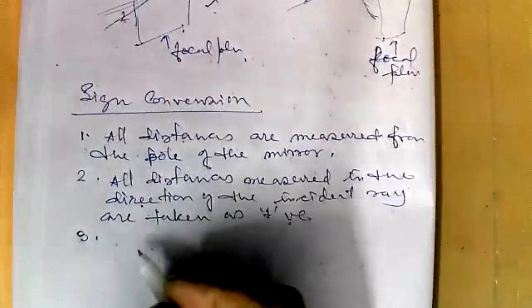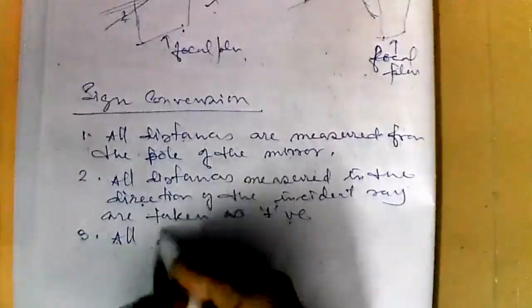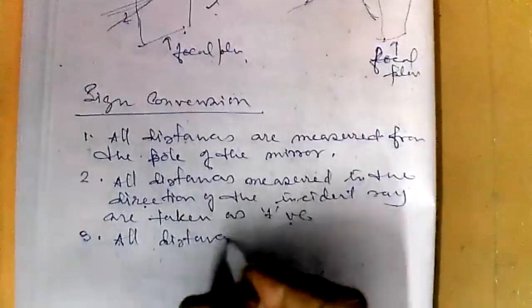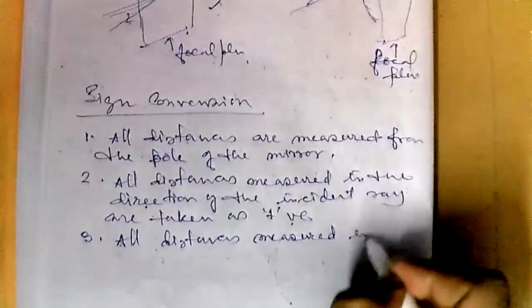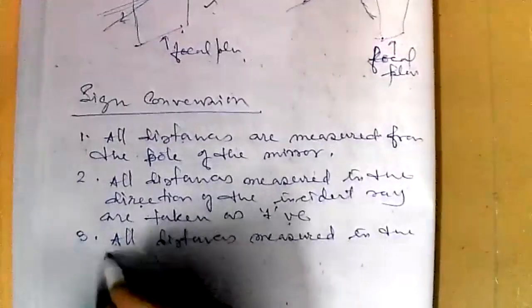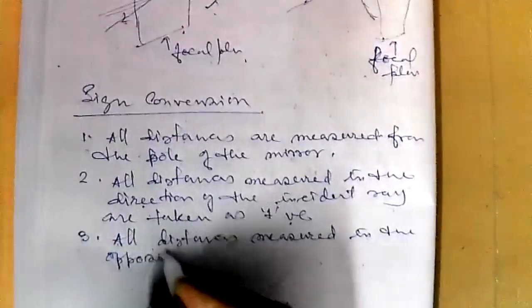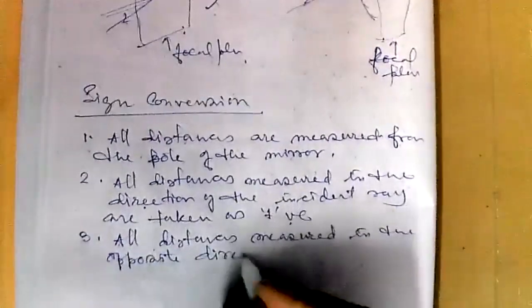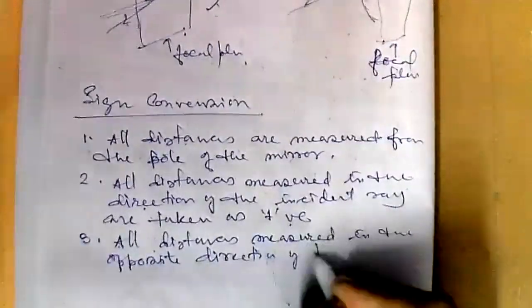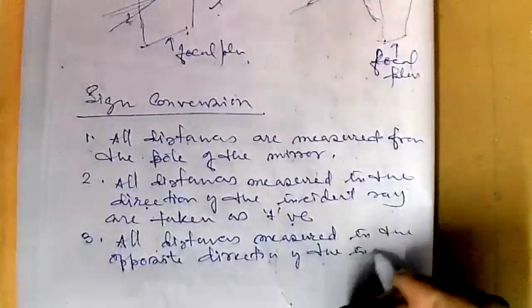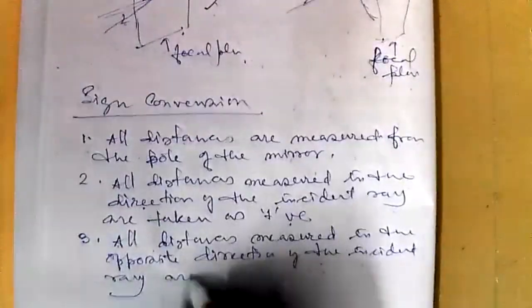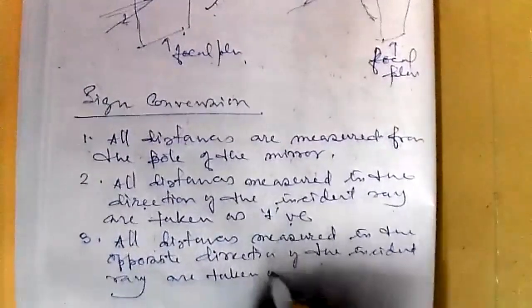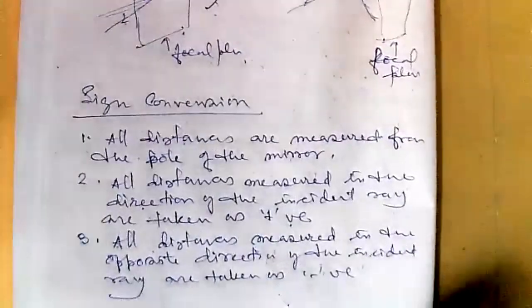On the other hand, all distances measured in the opposite direction of the incident ray are taken as negative.